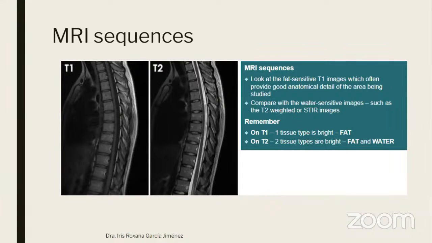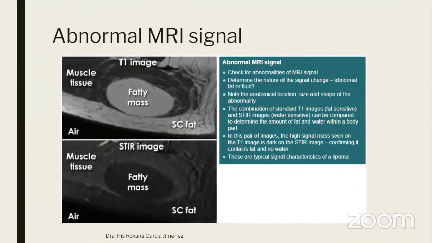The difference is the cut, the portion, the structure we are evaluating. Just for making a comparison and catching details that might not be in the first picture, of course, you need a second one. Then we have again extra reading the abnormal MRI signal in order to recognize what is going wrong.